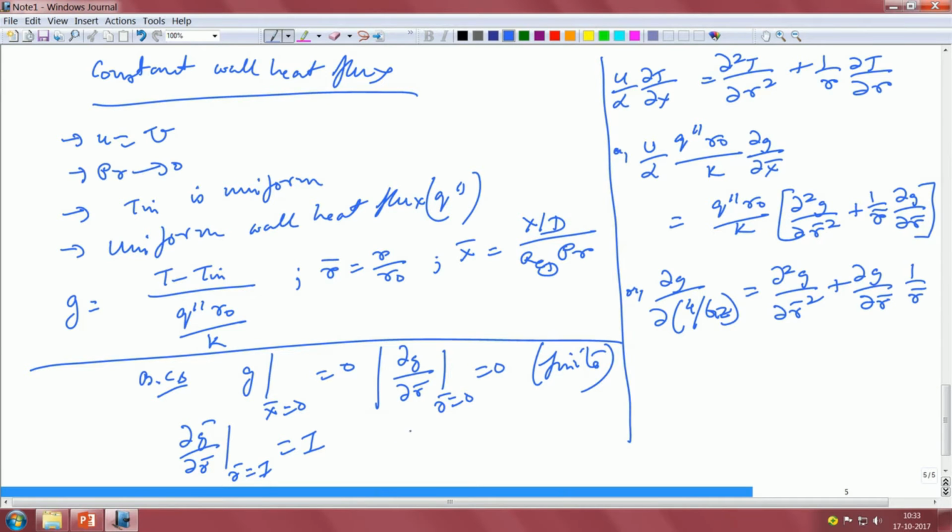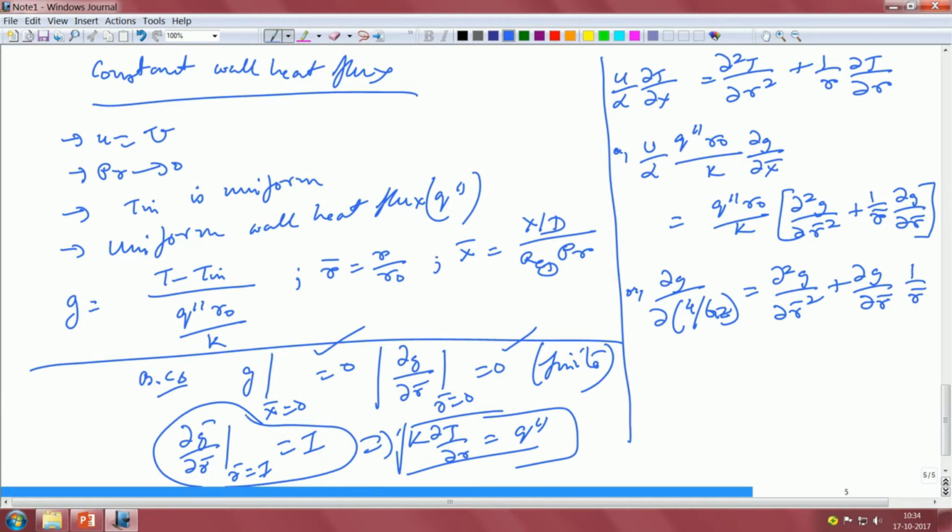This is because your K dT by dr is equal to Q double prime, correct. So the only boundary condition that has changed is this one over here, and your definition of G also has undergone a change, right. So based on these two factors, you have to write the flux condition like that.